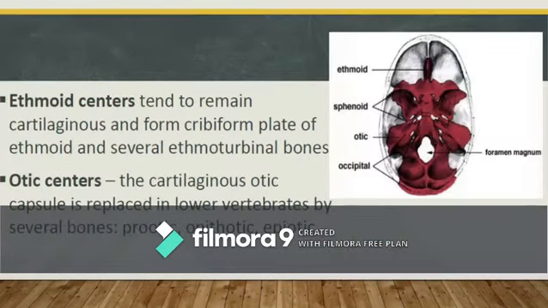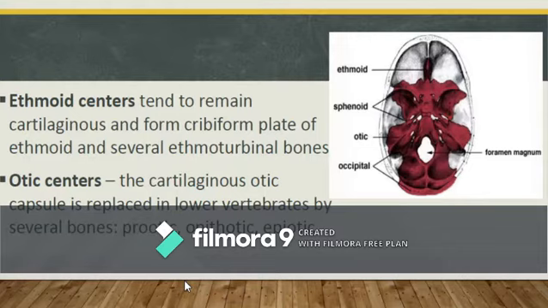Next center, we have the ethmoid center. So this is the ethmoid center, a small portion of it. It tends to remain cartilaginous and forms the cribriform plate of the ethmoid and several ethmoturbinal bones. So this is very small, and followed by the otic centers.